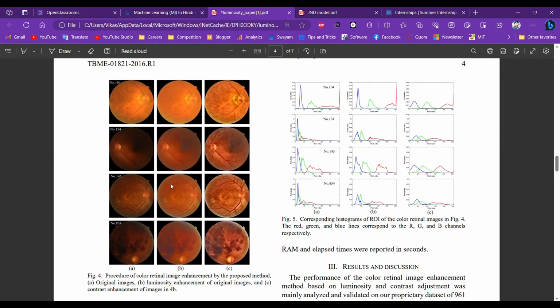This is the image dataset. The first column is the original images, four different images, the second column presents luminosity enhancement of the original image, and the third column presents contrast enhancement of the luminosity enhanced image.